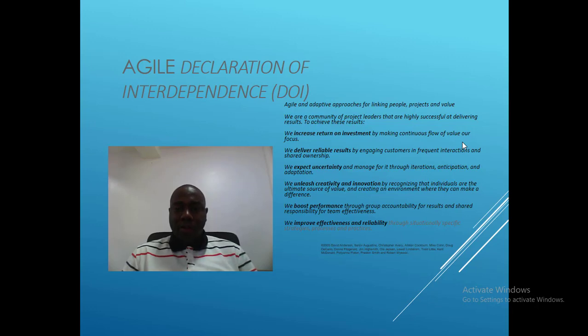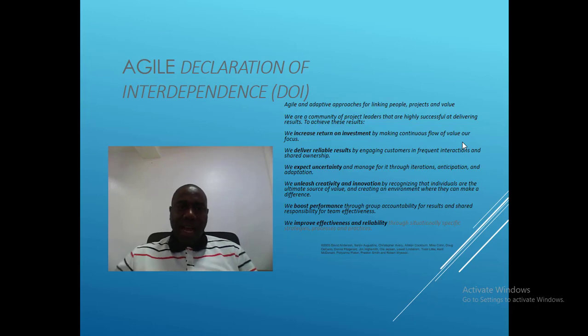We boost performance through group accountability for results and shared responsibility for team effectiveness. They believe that when there is accountability and shared responsibility, the teams will be highly effective. We improve effectiveness and reliability through situation-specific strategies, processes, and practices.